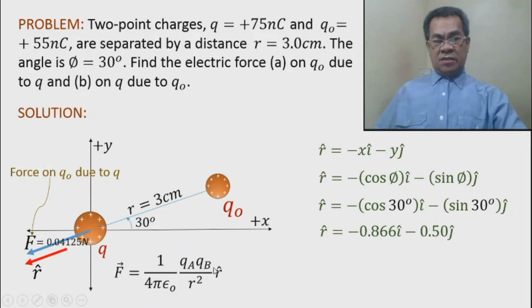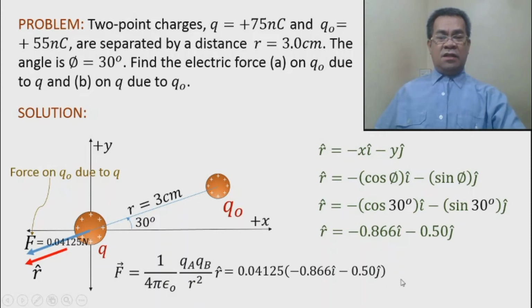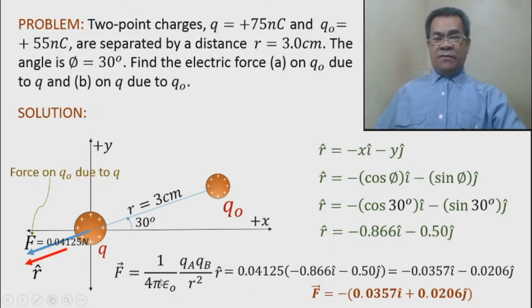So this is our unit vector. Multiply this to this value. So substitute this value with the given. So it should be this amount. Remember, this is the magnitude, which is 0.04125 multiplied by the R hat, then distribute, then we have this value: negative 0.0357 i hat minus 0.2006 j hat. Okay? So the amount of force on Q due to Q naught is negative.